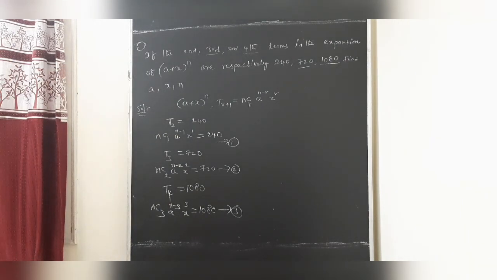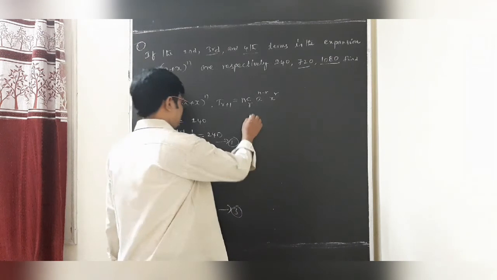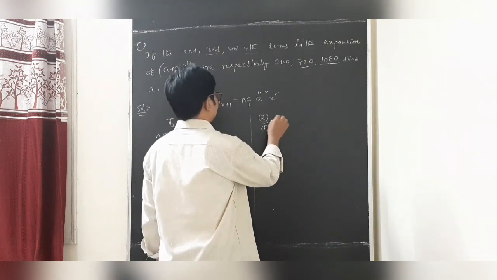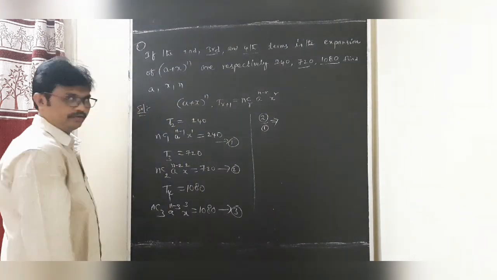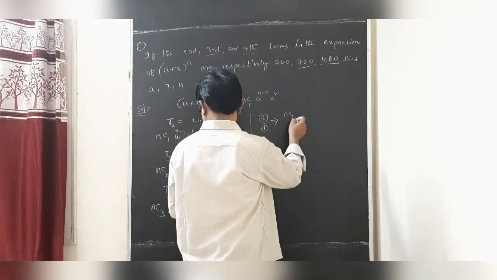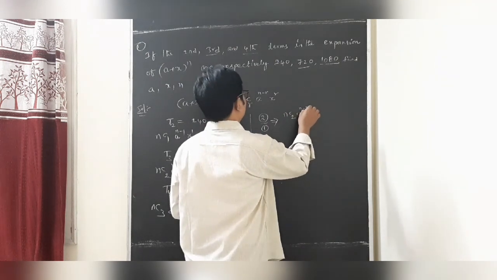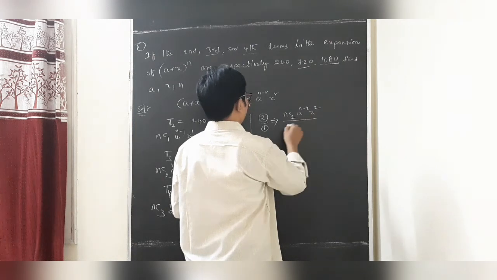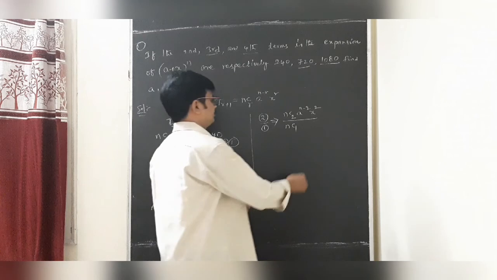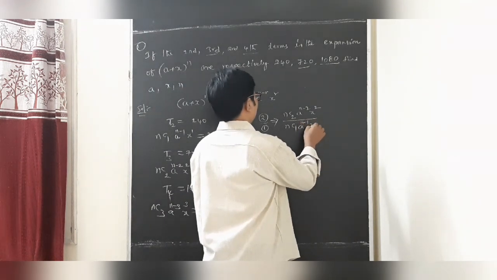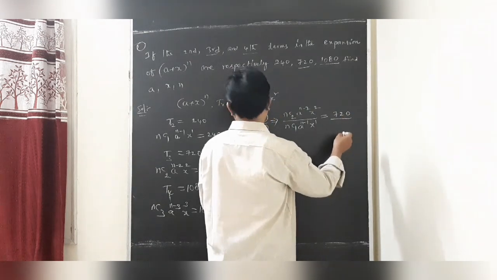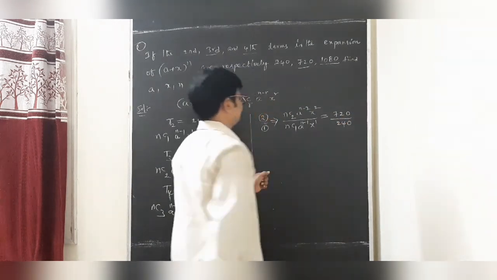My dear students, how can you write this? First we can take 2 by 1. That is, nC2 a^(n-2) x^2 upon nC1 a^(n-1) x^1, which is 720 upon 240.